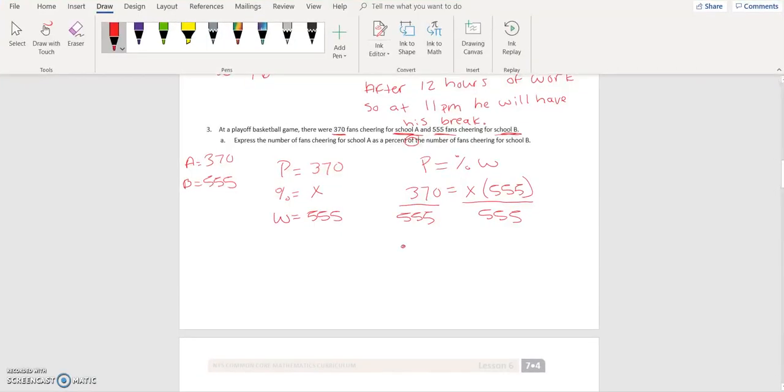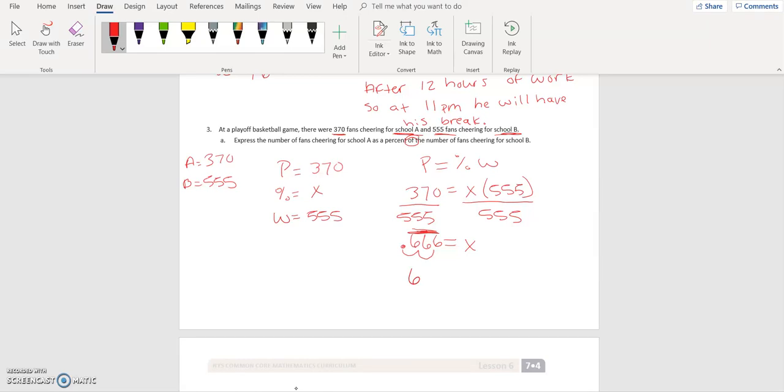So we're going to say 0.66, and it's repeating on forever, equals our x. Because we want to change it to a percent, we know we have to move the decimal. So we're going to go 2 places to the right. Actually, in this case, it'd probably be better to have 3 here that are repeating on forever.